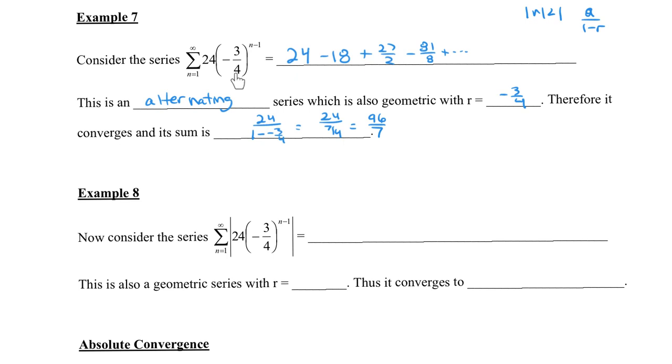Okay, so this particular alternating series is a geometric series, and the sum is 96 over 7. But example 8 takes the same series and wraps it up in absolute values. Once you wrap this up in absolute values, you're going to get the same numbers, but they're all going to be positive.